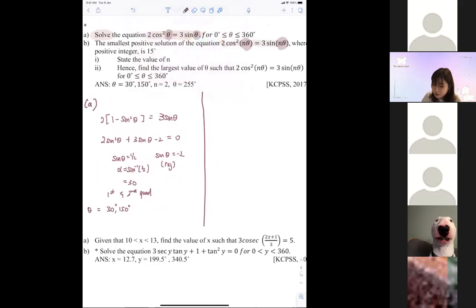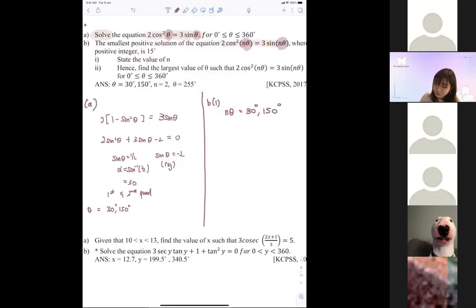That means in this case, my theta becomes n theta. So the solution of n theta will be also 30 and 150. Everything remains the same. So the solution also the same, just that n theta is equals to 30 and 150.